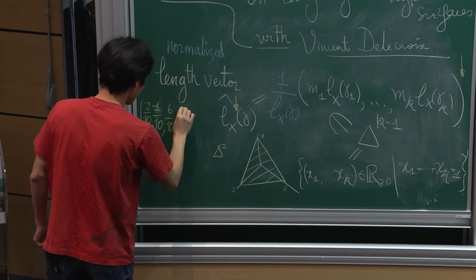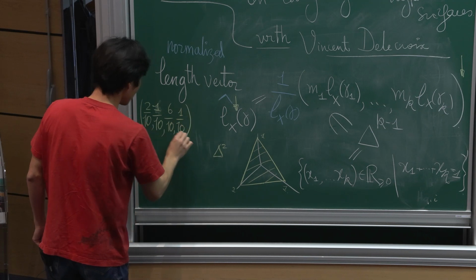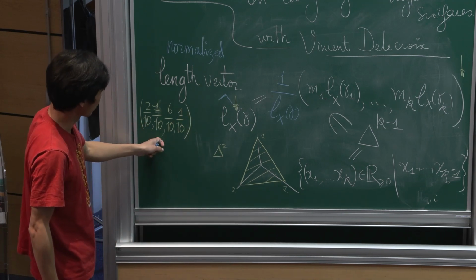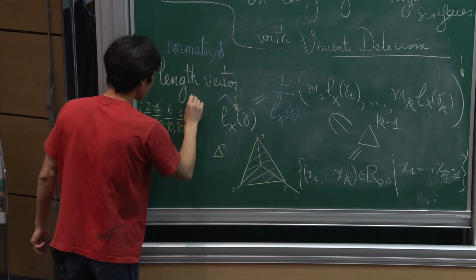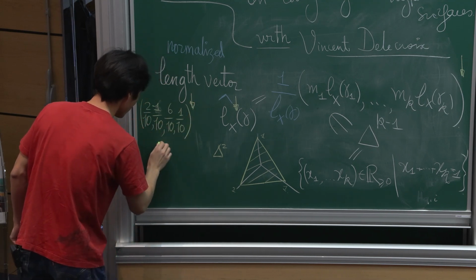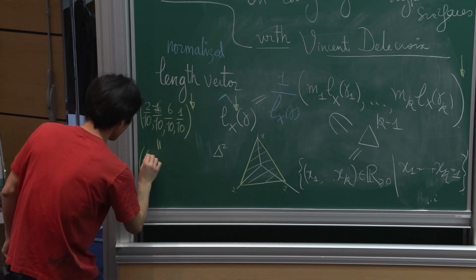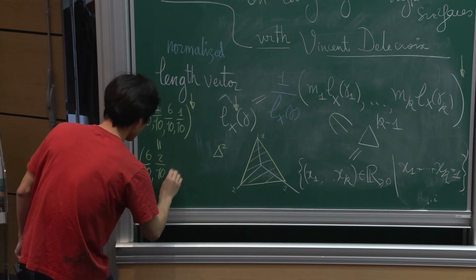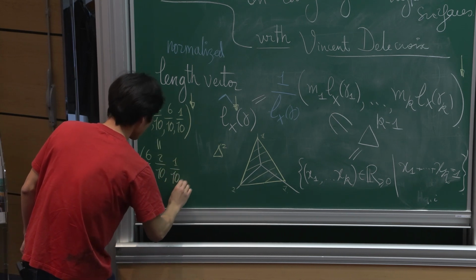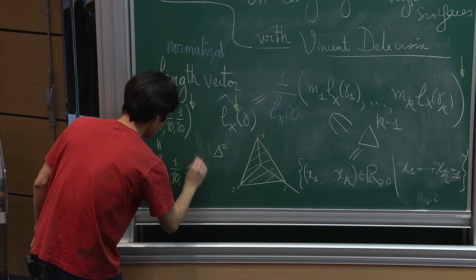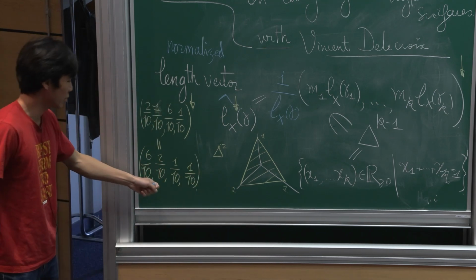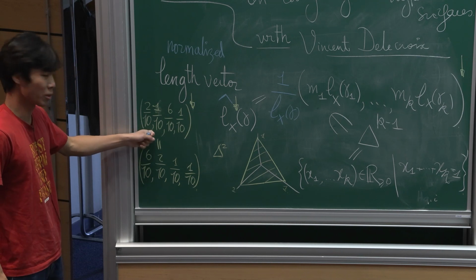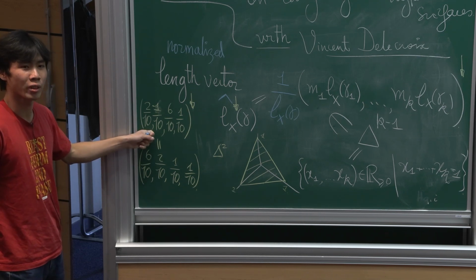This is a vector on the simplex of dimension 3. If you take the decreasing order of it, the biggest one comes first, and then the others. Clearly this vector doesn't depend on the order. So everything is well defined now.